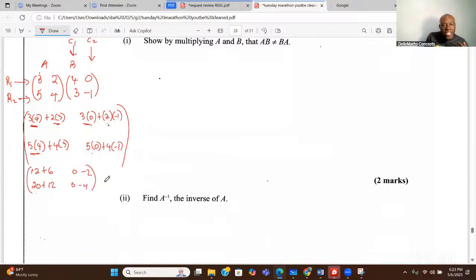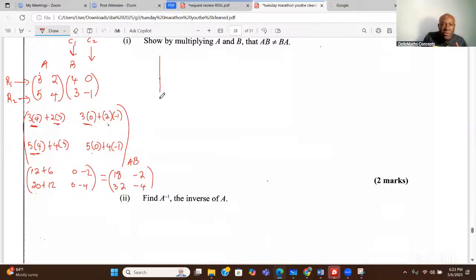So we could finalize it now. I'm going to put it beside it: 18, -2, 32, -4. So there it is. This is the matrix AB.